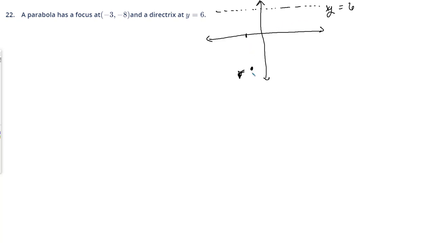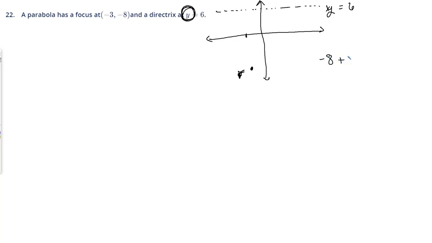So where would my vertex fall between those two? What's staying the same? My y value or my x value? Your y value. Another way of remembering it is whatever that variable is. So that means that we need to figure out where the midpoint of those two is.